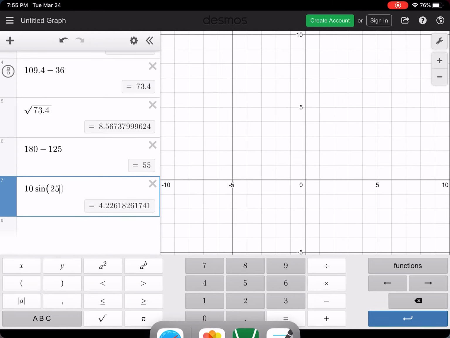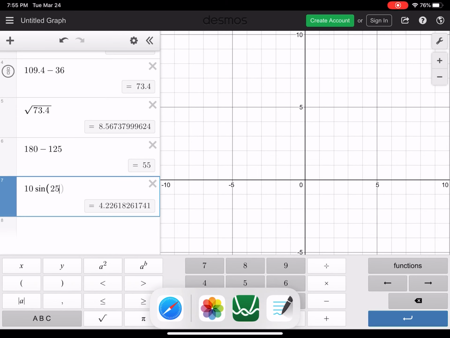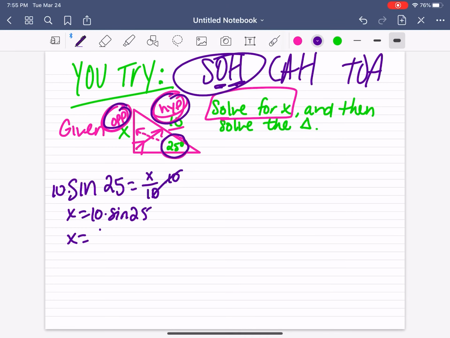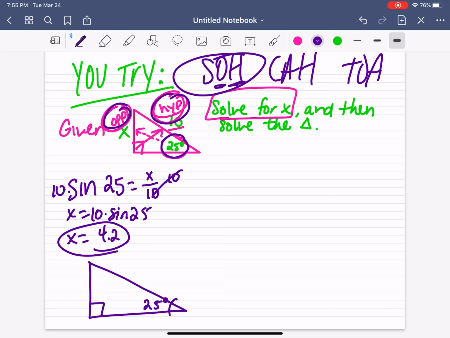So 10 times the sine of 25 is 4.2. So we just found our opposite side. So let me redraw the triangle. This angle is 25 degrees. Our opposite side we just found is 4.2. And our hypotenuse is 10.